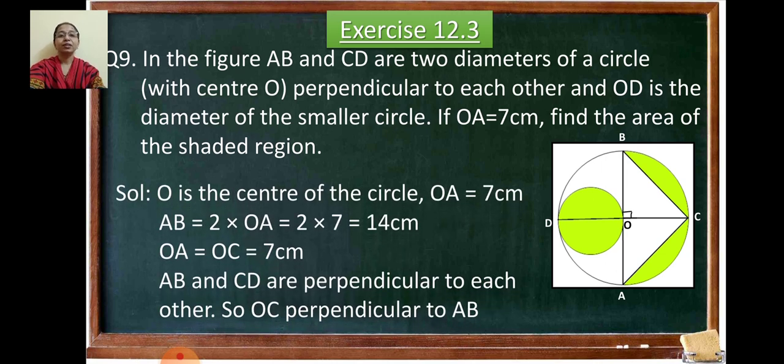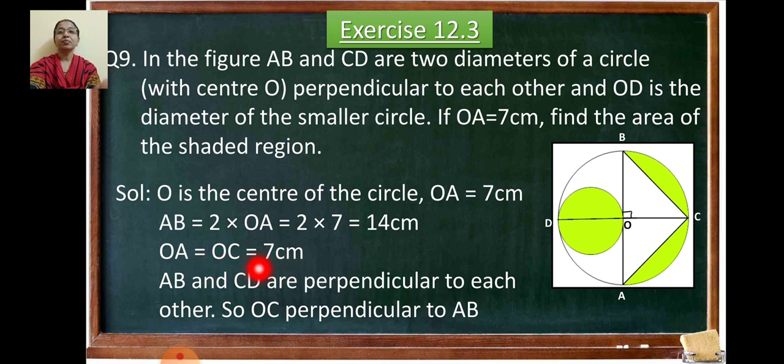O is the center of the circle and OA is equal to 7 centimeter. This is given to you. So therefore the length of the diameter AB is 2 times OA, that is 2 into 7, 14 centimeter. Then OA is also equal to OC as radii of same circle.